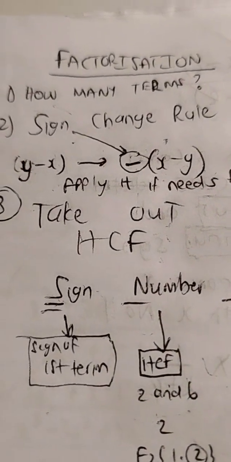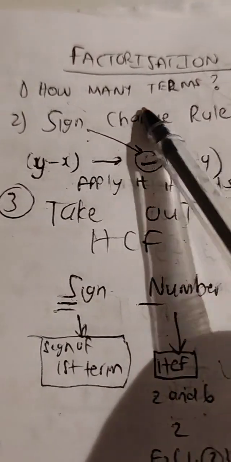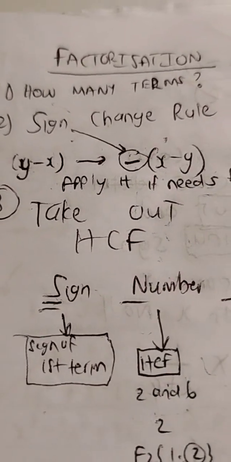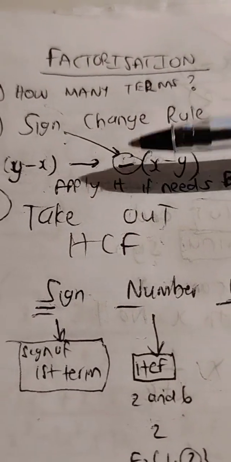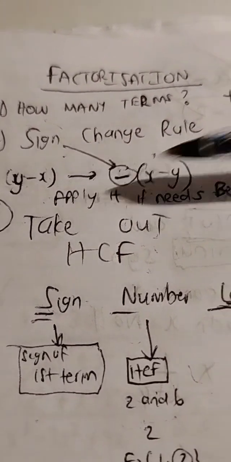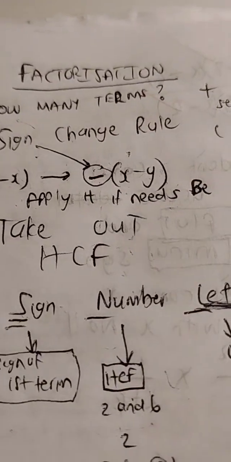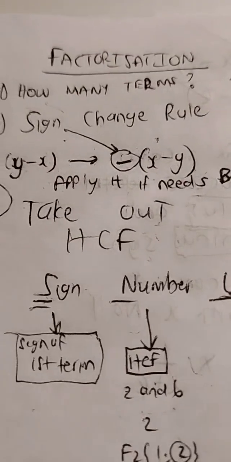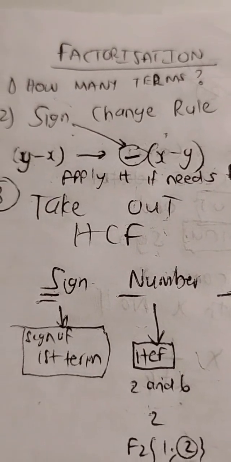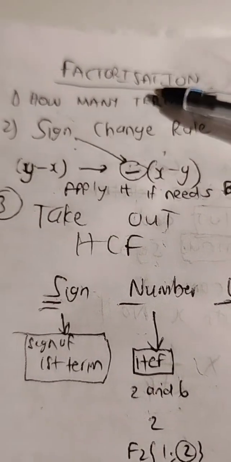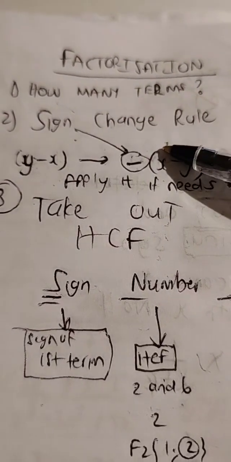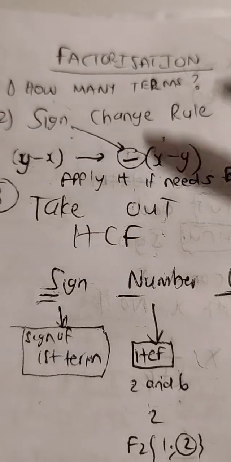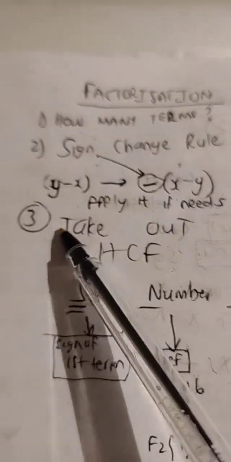And there are times when the sign change rule needs to be applied in our factorization. So after establishing how many terms there are, if we find that the sign change rule must be applied, then we must apply it. But if it does not need to be applied, we don't apply it. Please, people, you see. So first count the terms, then check, do I need to apply the sign change rule? If yes, apply it. If not, don't.